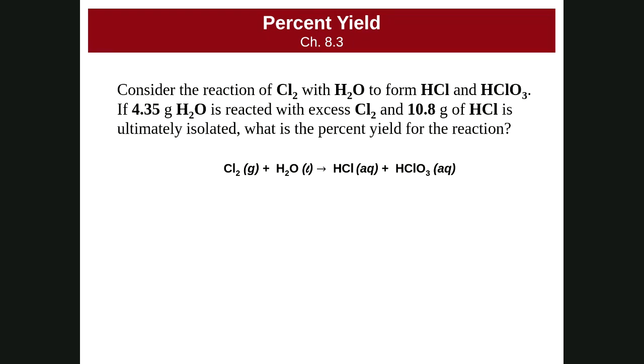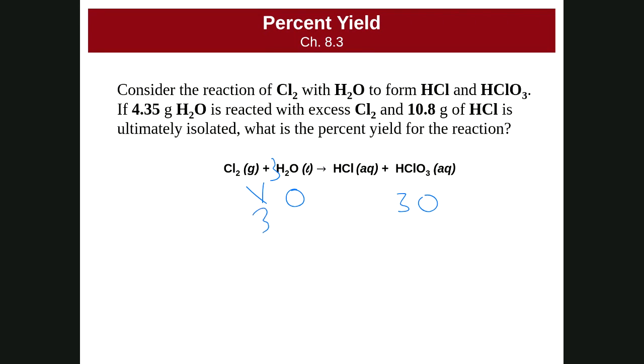We always start with the one that shows up the least. On the left, we have 1 oxygen atom, and on the right, we have 3 oxygen atoms. So I'm going to start by making 3 waters so that now we have 3 oxygen atoms on both sides.